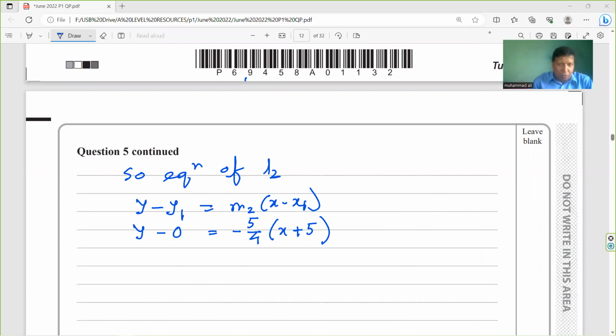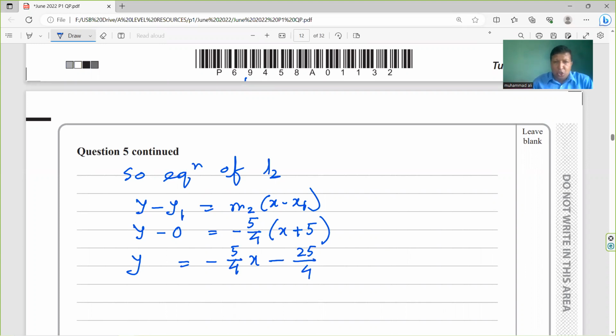The gradient of L2 is here minus 5/4, passing through (-5, 0). So y minus 0 equals minus 5/4 (x plus 5). So we get y equals minus 5/4 x minus 25/4.